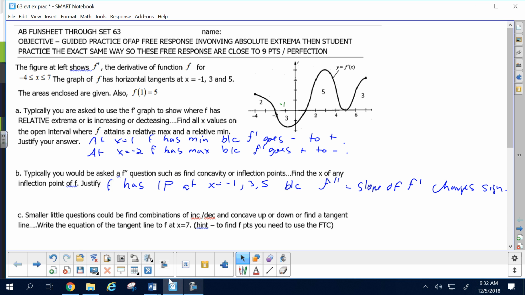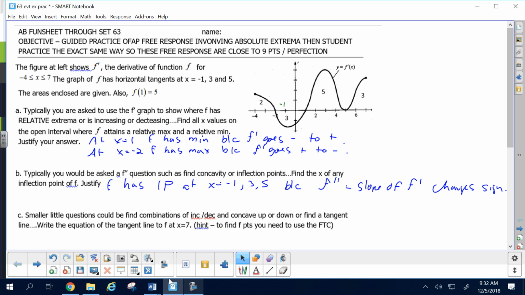Would you please, given the f prime graph, give me the tangent line equation to f at x equals 7. That's it. Okay? Try that one. That might take a little more time. I'll give you 2 minutes then. Feel free to ask your amigos for help.